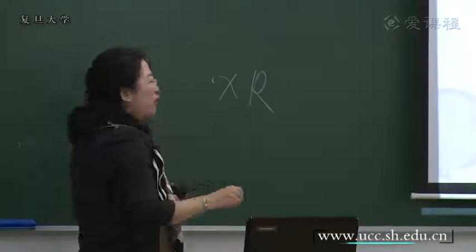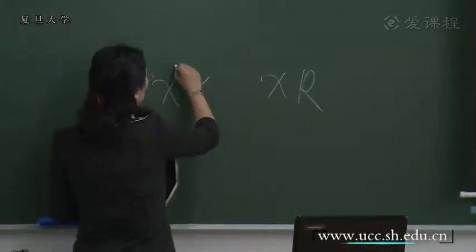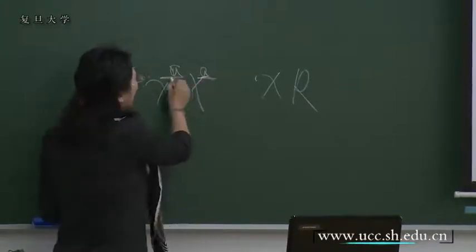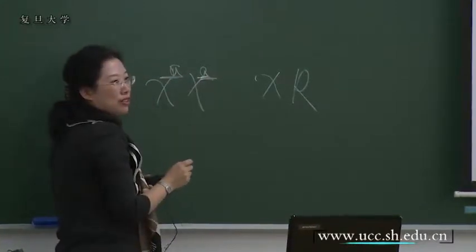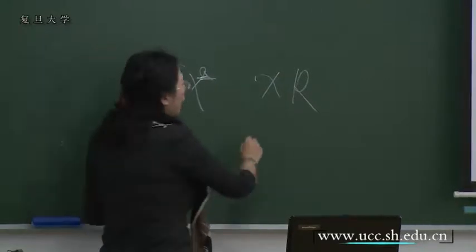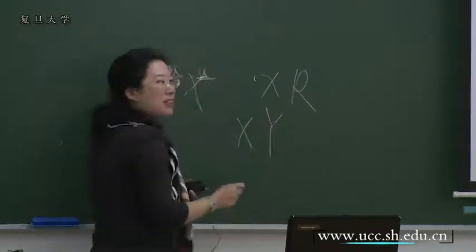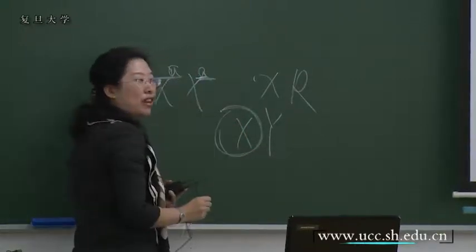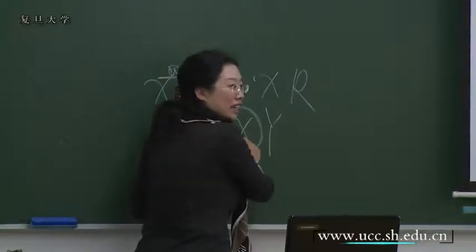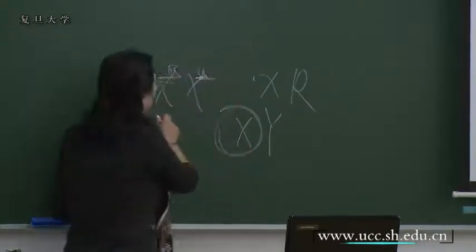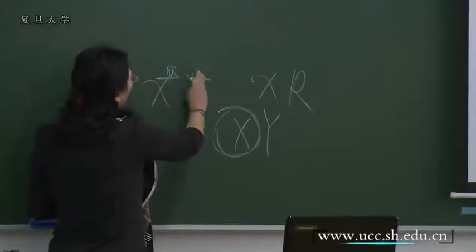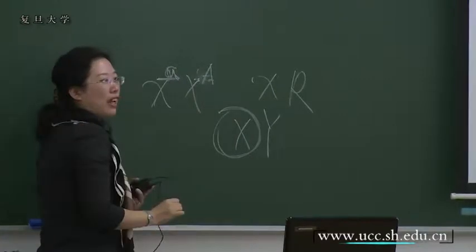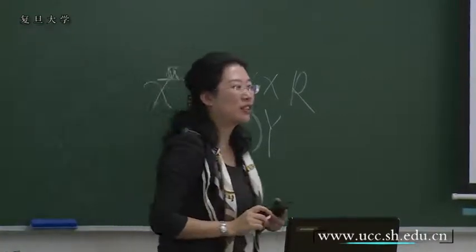A female has 2 X, so with the disease gene mutation on one X. For a male, because he only has 1 X, if the gene mutation happened, he will get the phenotype. But for a female, when 1 X is abnormal and the other X is okay, she is just a carrier.